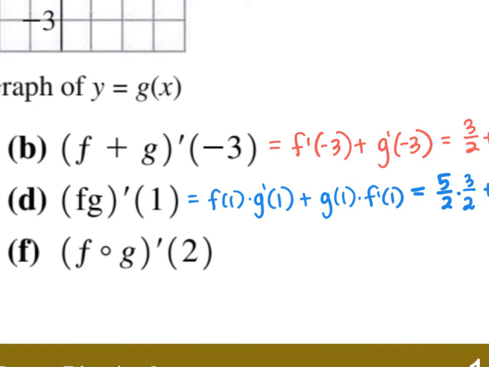But when you do composite derivatives, you have to follow the chain rule of outside in, not inside out. So this would be the outside, f prime, with the inside remaining unchanged, and then g prime with the inside remaining unchanged.